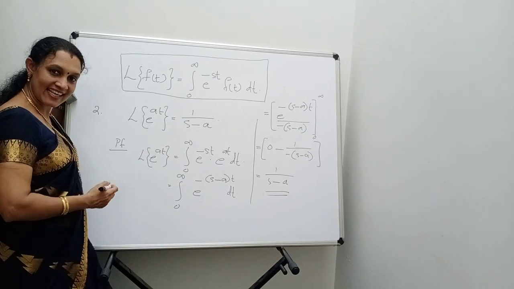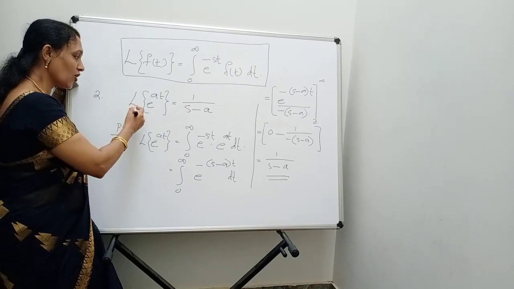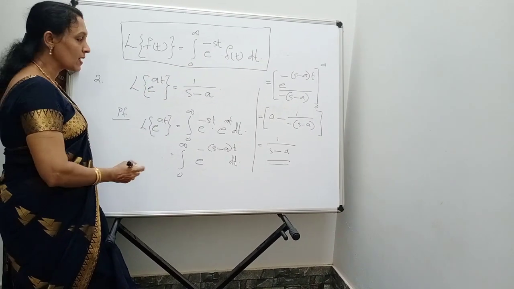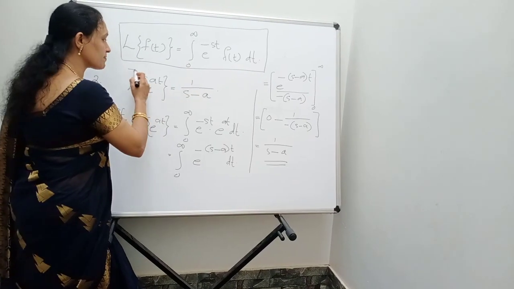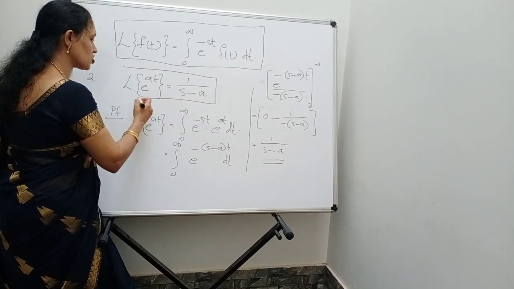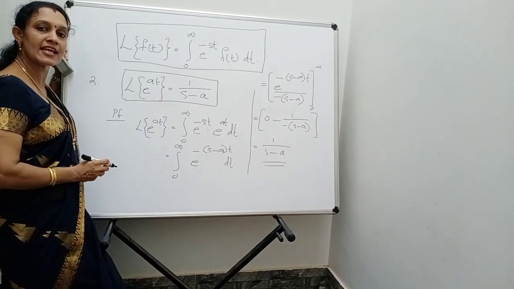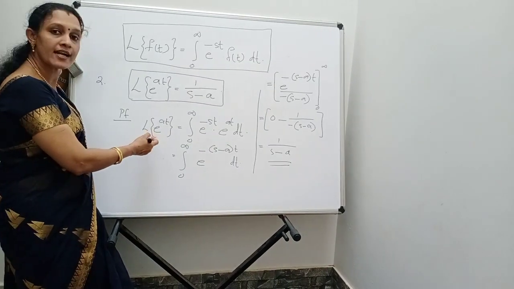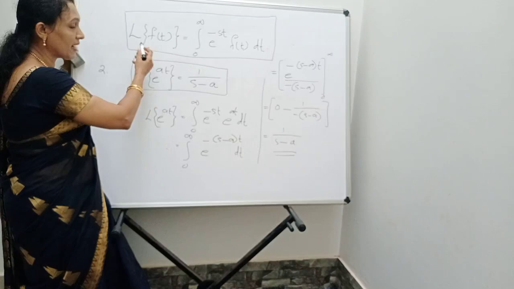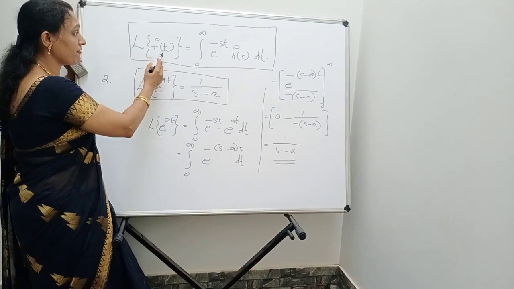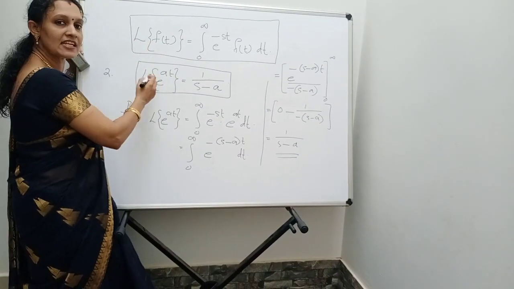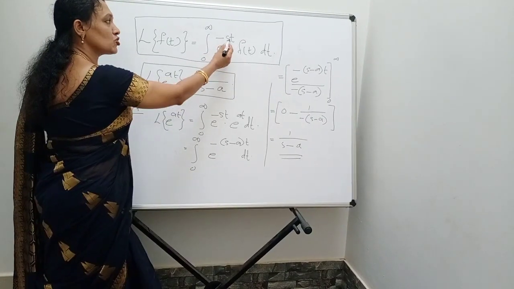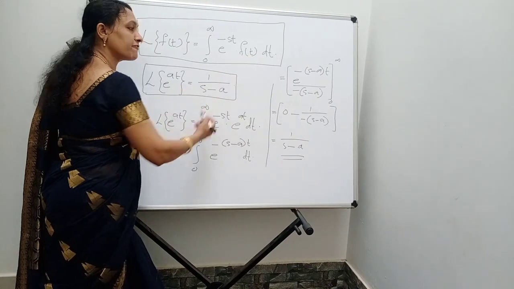Now we have the second result, L of e raised to at is equal to 1 by s minus a. We want to prove this. So let us start with the definition. By definition, L of f of t is equal to integral 0 to infinity e raised to minus st into f of t dt.